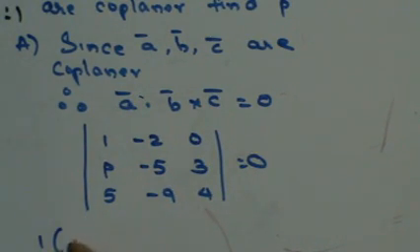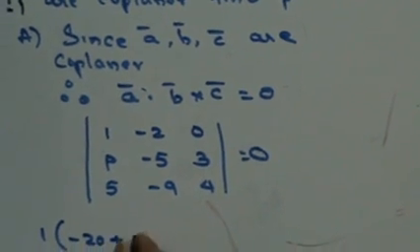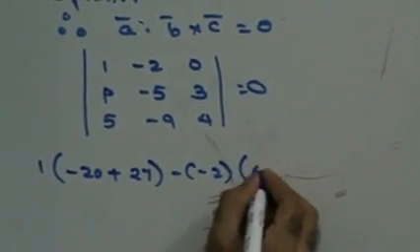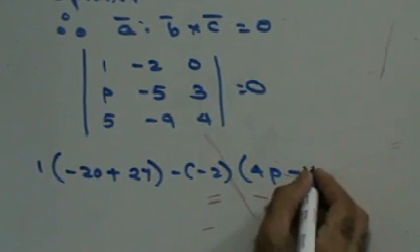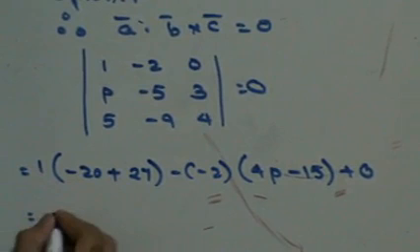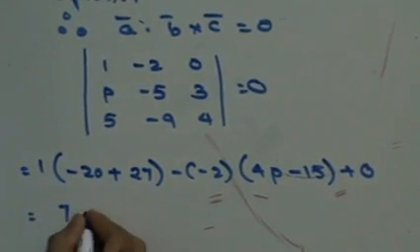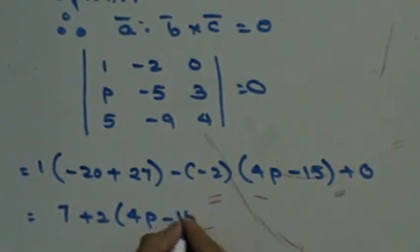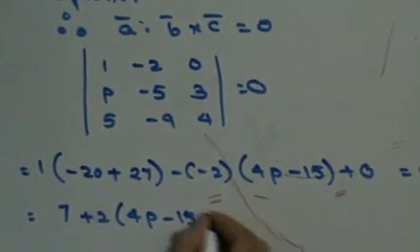Okay. Now this is going to be minus 20, minus into minus plus 9, 3 nines are 27, minus into minus 2, this is 4p minus 15 plus 0. So this is nothing but 7 plus 2, 4p minus 15 should be equal to 0.